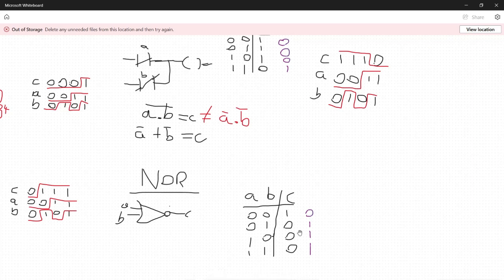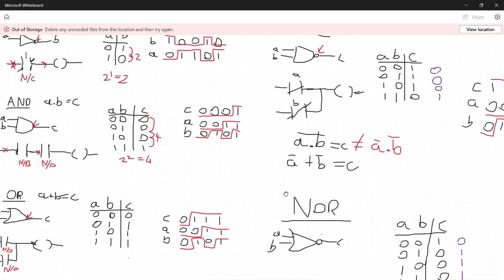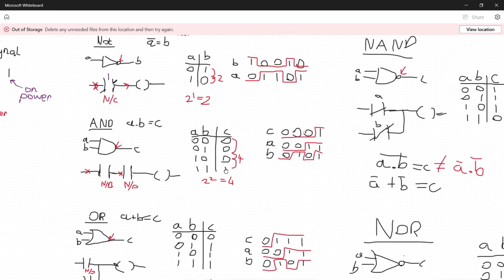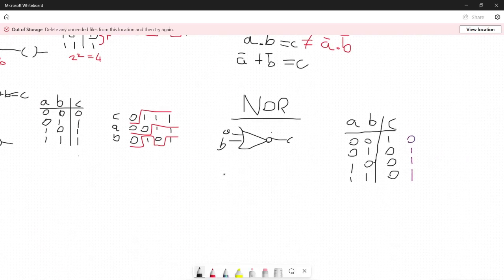Now, does that remind you of anything? That only one thing will be powered. If we look back at our original AND gate, only this will be powered, but that's when both are 1. If we go and draw the circuit now with normally closed switches, so that's our AND gate.